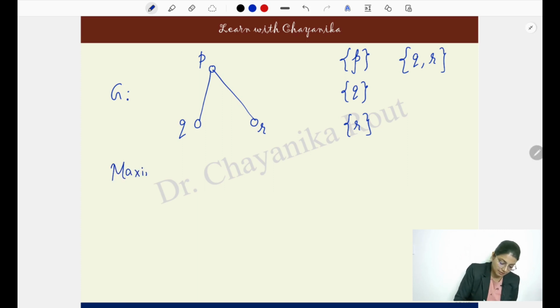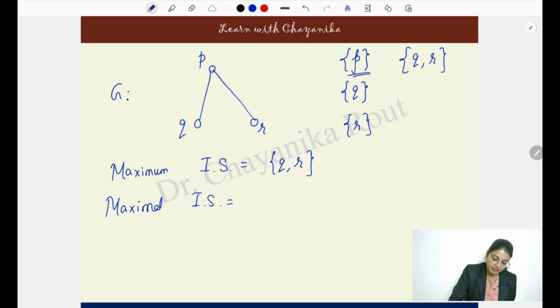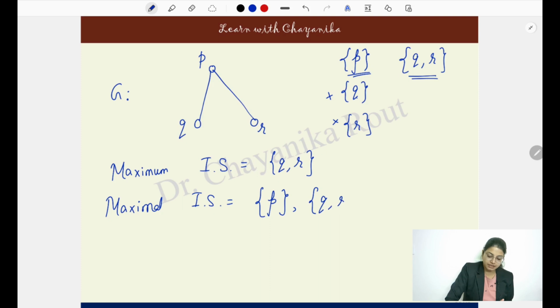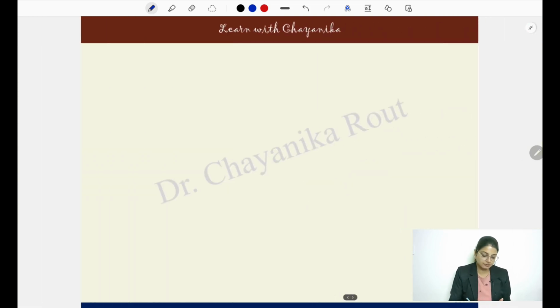Here the maximum independent set, let me write IS for independent set, is QR, the independent set of maximum size. And what about maximal independent sets? P is not contained in any larger independent set, so that is maximal. Q and R are extended further to form QR, so none of these two are maximal. Next, the maximum itself is maximal. So these are the maximal independent sets.